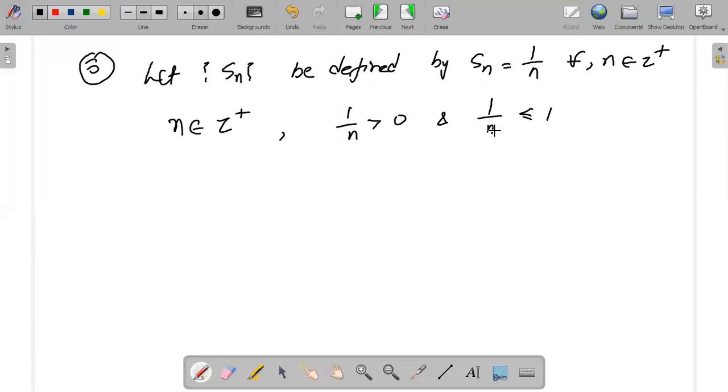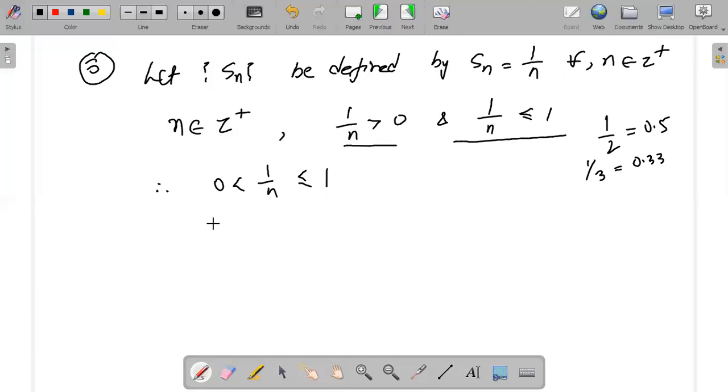So if you take 1 by 2, it is 0.5, and if you take 1 by 3, you get 0.33 something, and so on, which is less than or equal to 1. For n is equal to 1, you get equal to 1. And you can see that it lies between, so therefore you can say that 0 is less than Sn and Sn is less than or equal to 1.